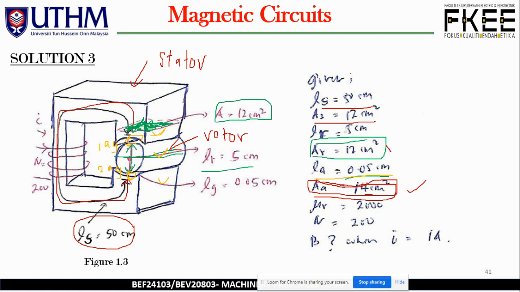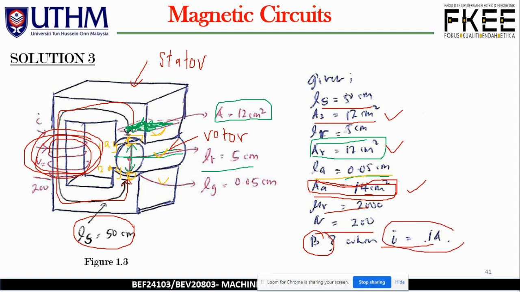Try to compare with this one, and with this one. The relative permeability of the core is 2000. The number of turns, N, equals 200. And what is the flux density when I equals 1 ampere?